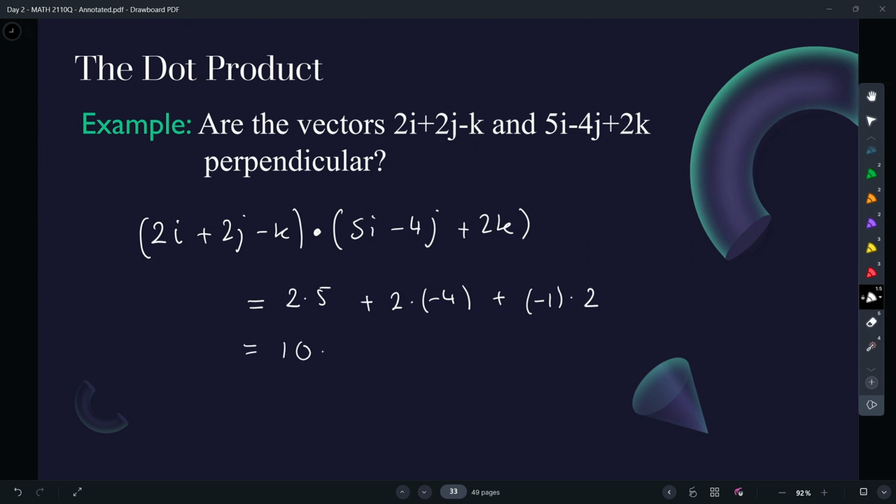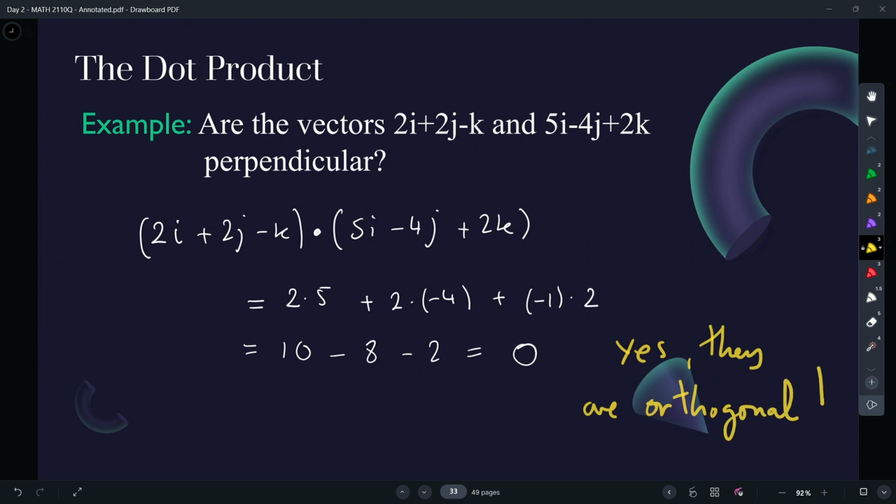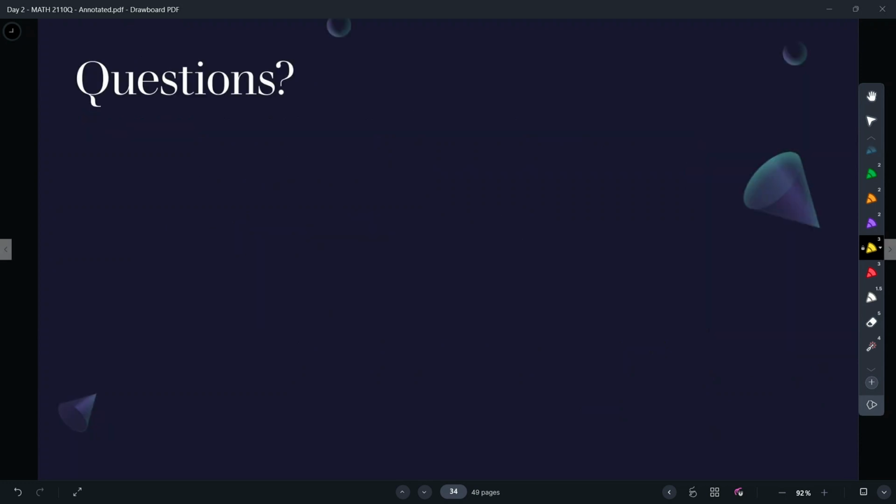That is 10 minus 8 minus 2, and I get 0. So yes, they are perpendicular. They are orthogonal. Okay? All right. So any questions?